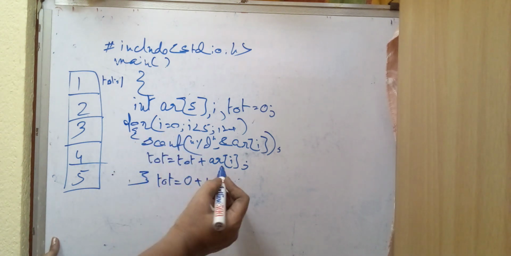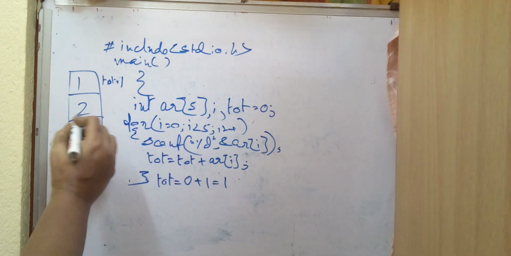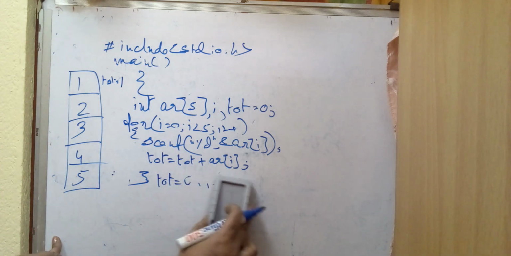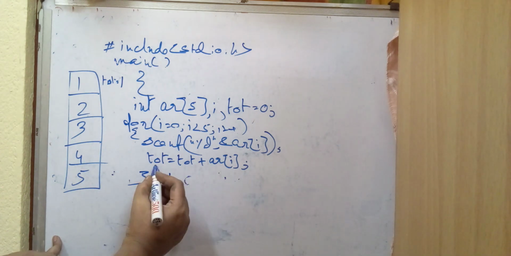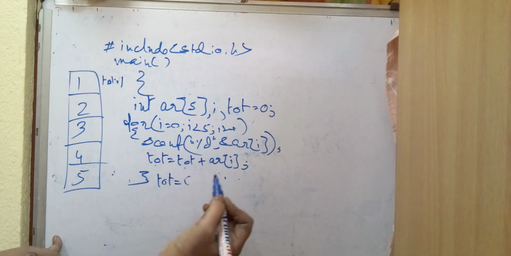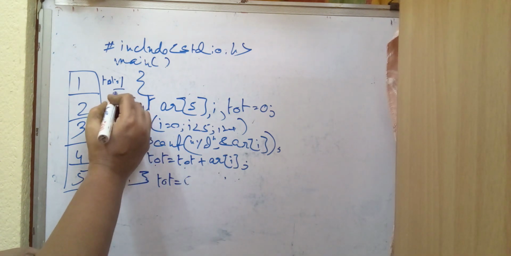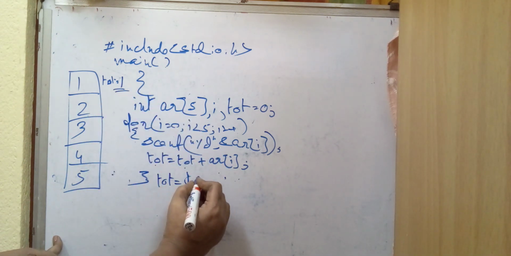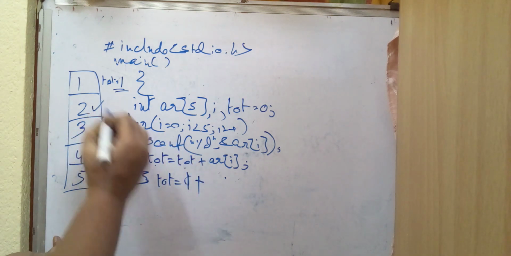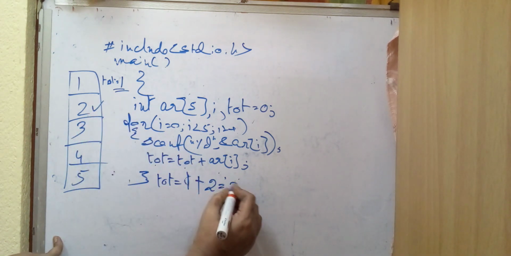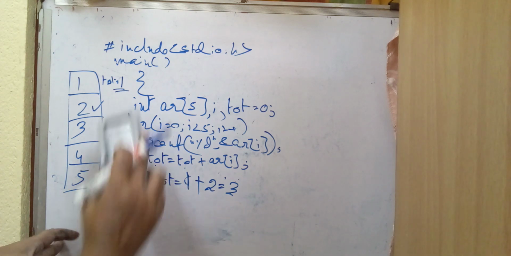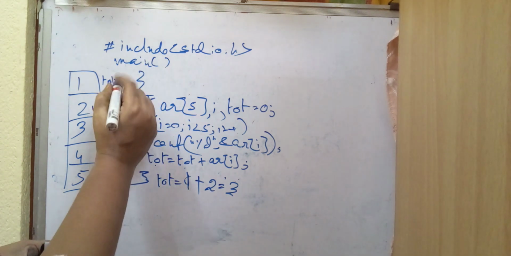The second time the input element is 2. Total will be the previous total, which was 1, plus the new input element 2. Now total is 3.